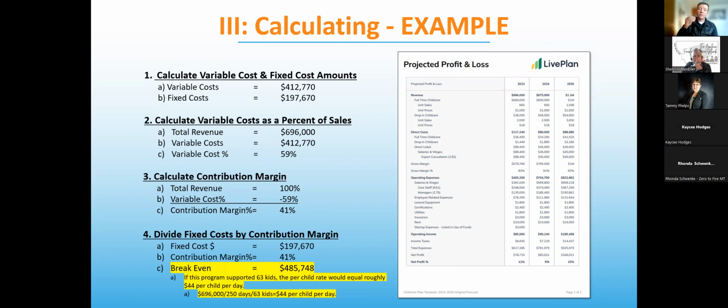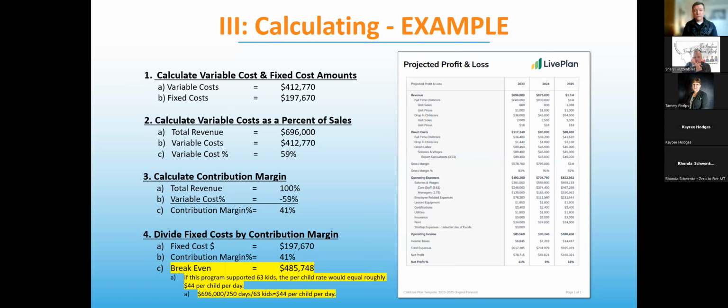If you look under salaries and wages, there is a line there for care staff. I'm going to assume that care staff is in the classroom. So I've added that number, 246, plus a percentage of employee related expenses, that's payroll taxes and so on, into direct costs to get a variable cost number of 412,770, subtracted those same costs out of operating expenses to get fixed costs.